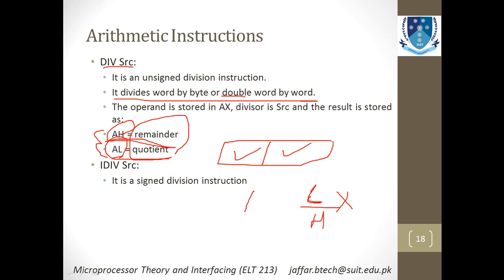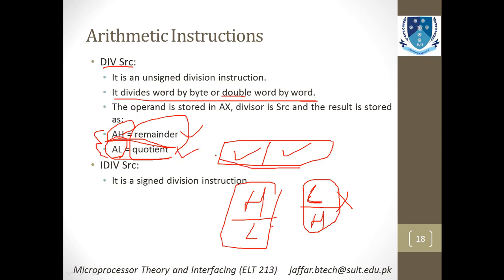You will always have to divide a large or double word by a lower word, because you do not want this term to become decimals, because it will create a mess. So for that you always do this instruction, and after this you will be carrying some remainder and some quotient as well. So it will be easy for you to store that information in your accumulator or any register.